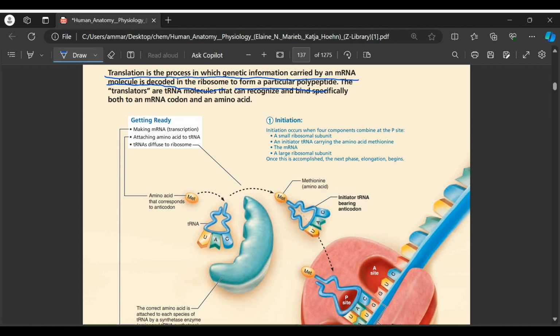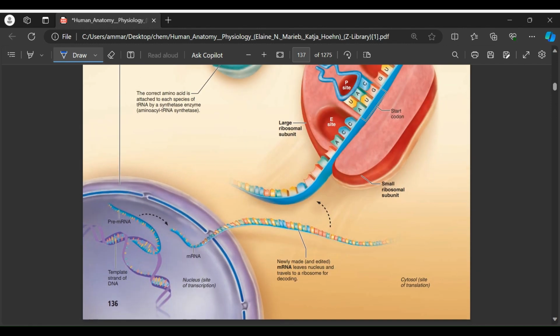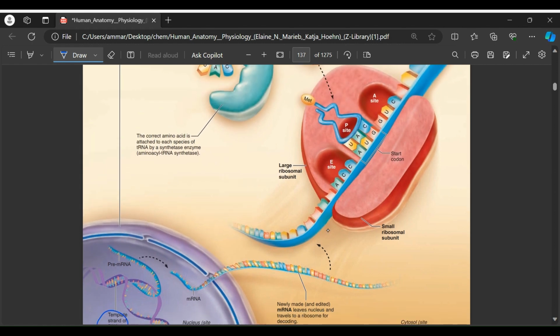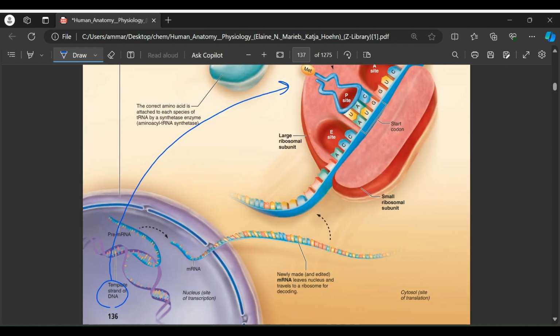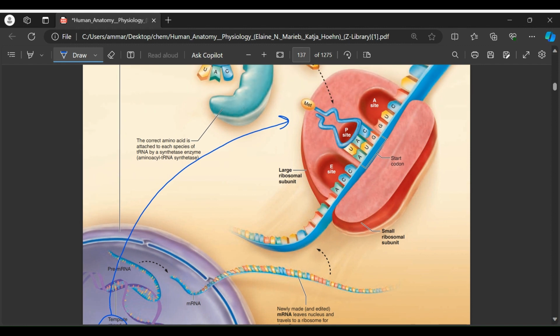So we talked about the transcription in the last video, and we said that in the DNA we have information. This information will lead to the formation of a polypeptide. Each gene or each part of the gene codes for a certain polypeptide. How? Because each three nucleotides will code at the end to a certain amino acid, and I will show you how.